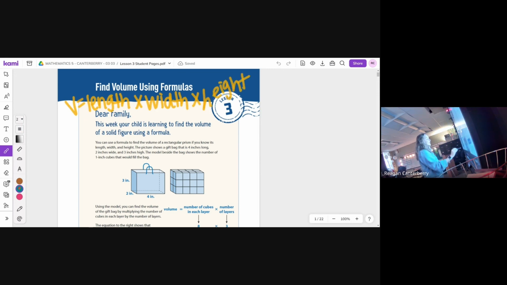And then the second formula that they're learning this week is volume equals base, so the bottom of the figure, that bottom layer, how many cubes are in there, times whatever the height is. Okay? So I'm going to go through this parent letter with you, break it down a little bit and show you some examples of how I'll be teaching it to the kids.